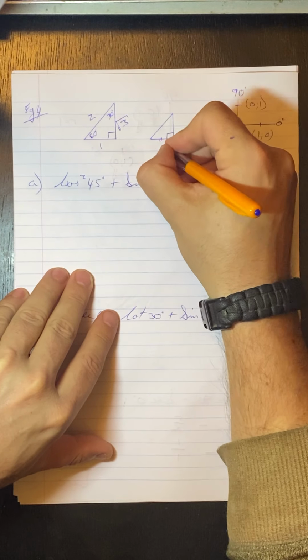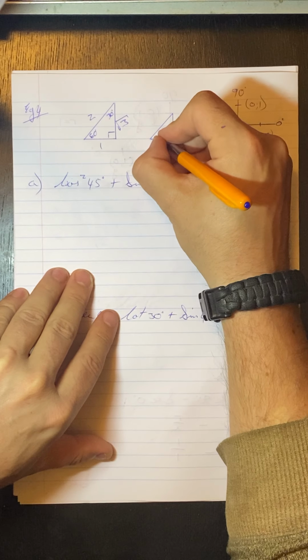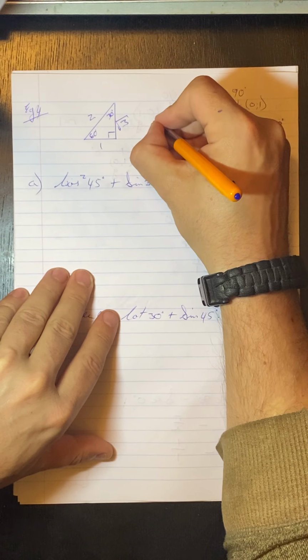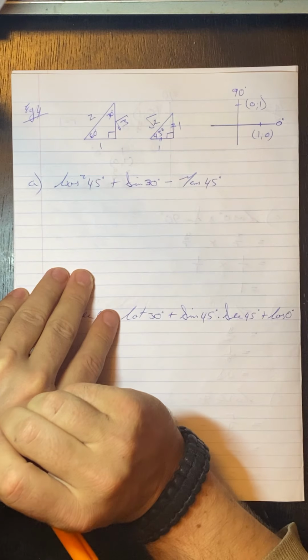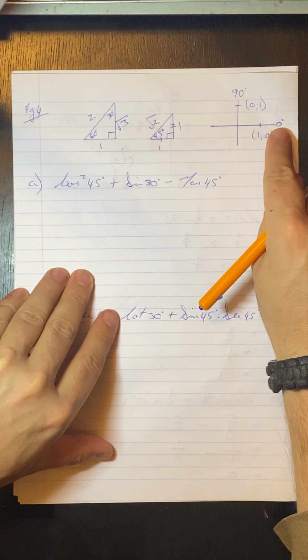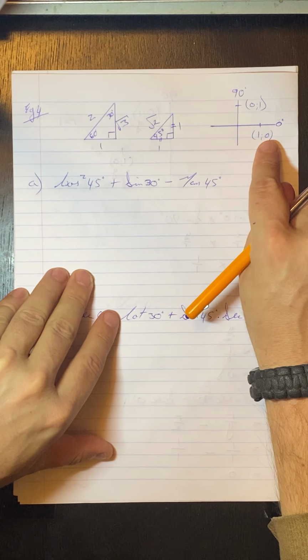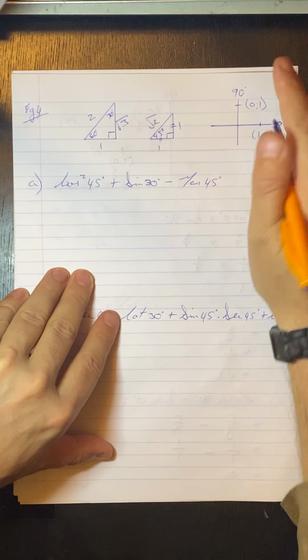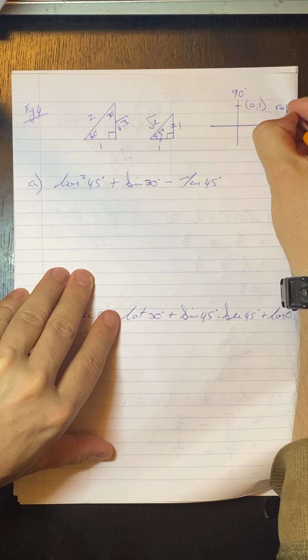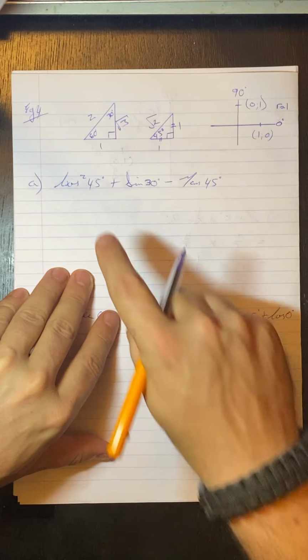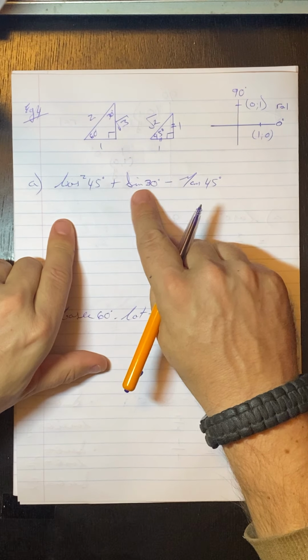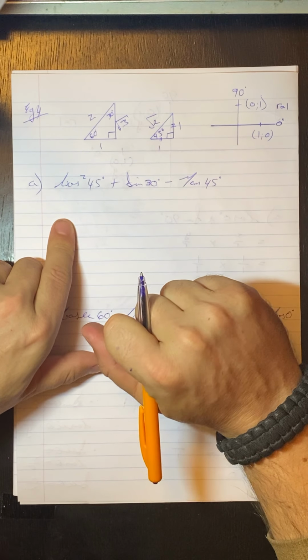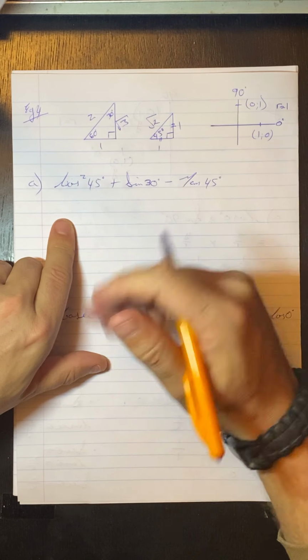This one here, 1, 1, 45, root 2. Okay, and then we have the other one where it's 0 degrees, 90 degrees, 1, 0, 0, 1, and r is equal to 1. Okay, so we have cos, sine, and tan. Those ones we all know in terms of x, y, and r and all of that.